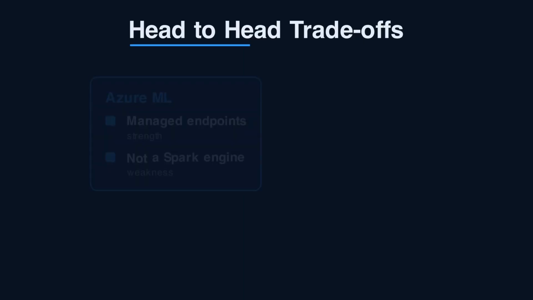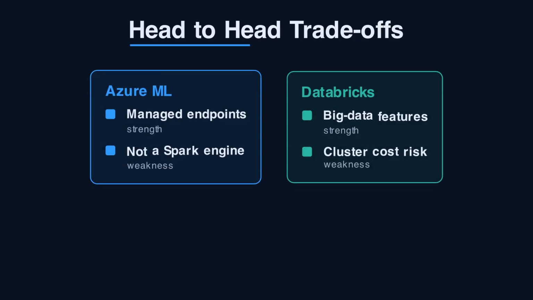So where does each one hurt and shine? Azure ML shines on MLOps governance and managed serving, registered models, traffic split endpoints, responsible AI tooling, and tight Azure role-based access control. It hurts if your core need is heavy distributed data processing, because it isn't a Spark engine. Databricks shines on big data feature engineering and unified analytics with ML on the same platform.